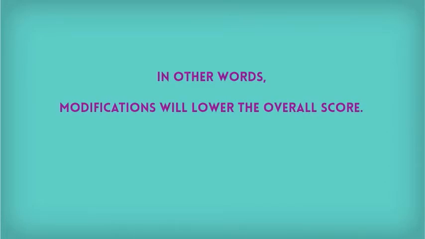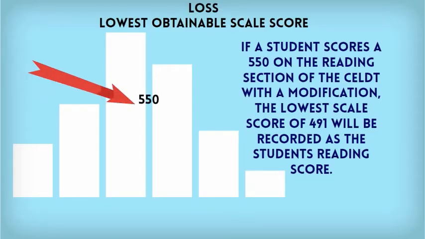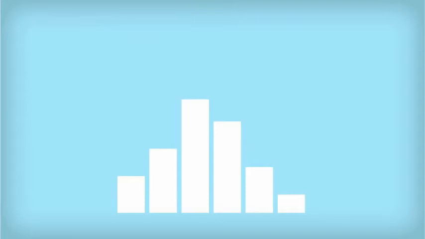The lowest obtainable score means that a student will receive the lowest scale score possible in any domain. So if a student receives a 550 on the reading section of the CELDT, which is a 3, they'll receive a 491, which is the lowest scale score of that 3.